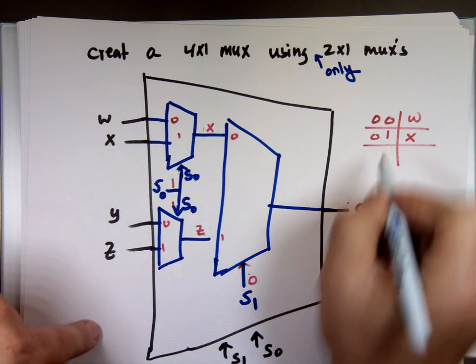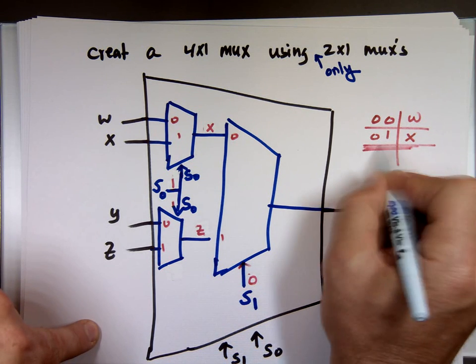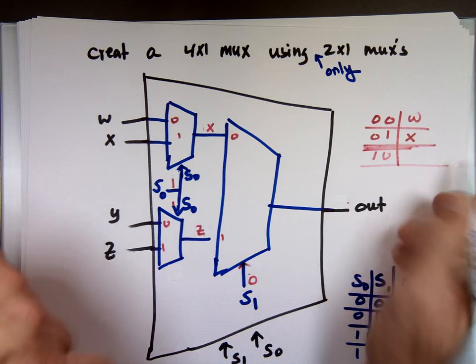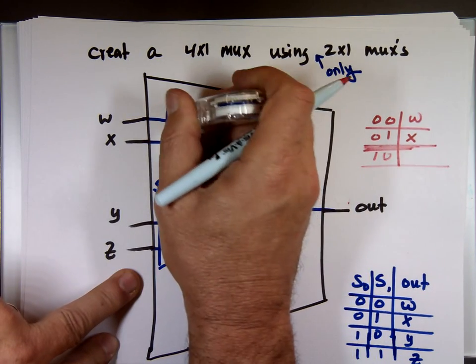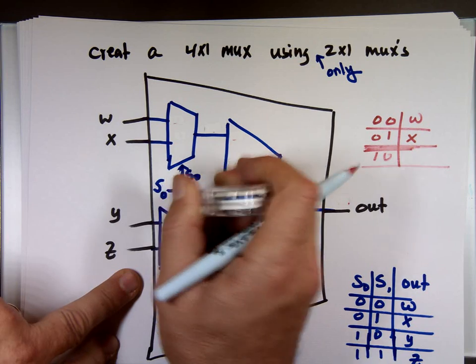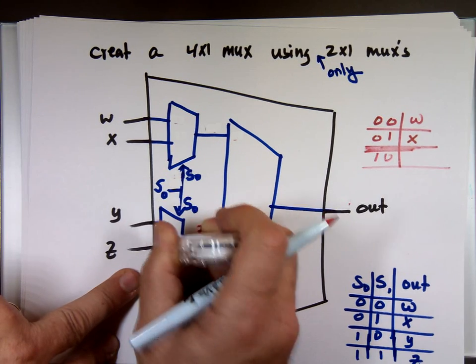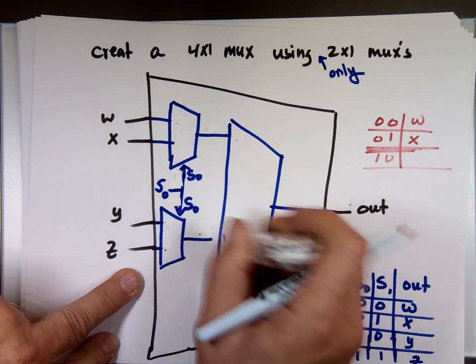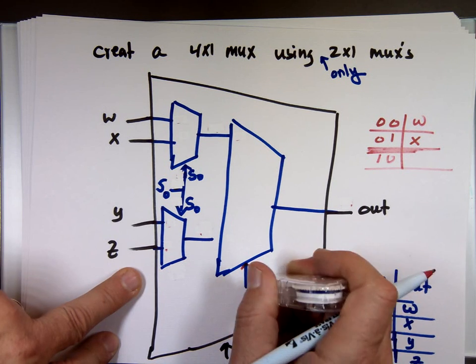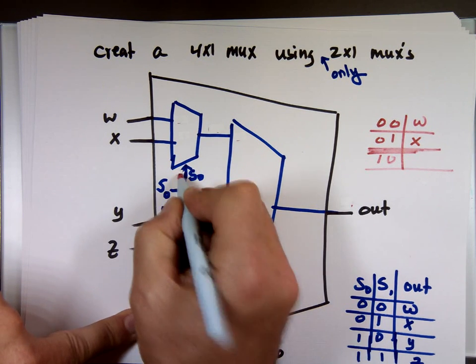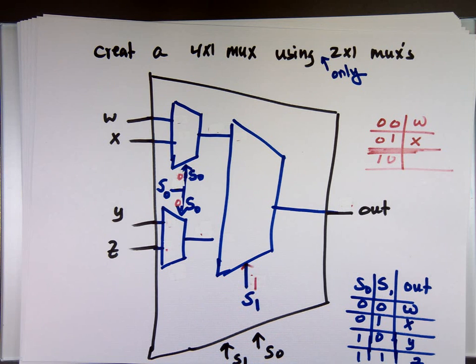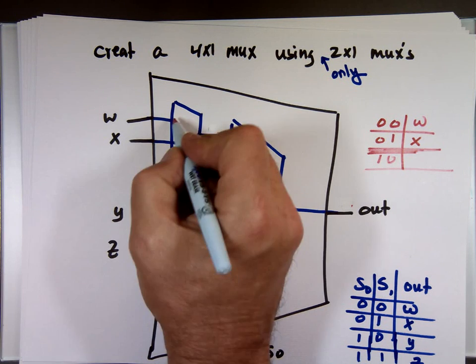Oh, I already have. Let's try 1, 0. S0 is 0. And this is 1. So this is 1 now. And that's 0. I don't know why I erased these.